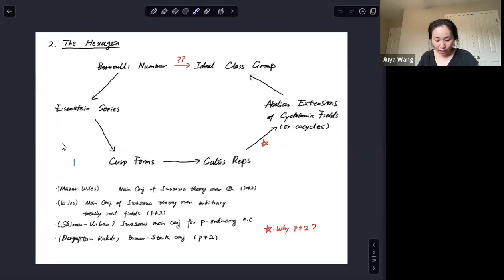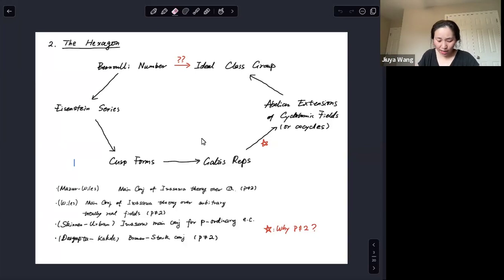For example, it has been used by Mazur-Wiles to prove the main conjecture of Iwasawa theory over Q for p odd, and later on by Wiles to prove the main conjecture of Iwasawa theory over general totally real fields, again at p not equal to 2, and by Skinner-Urban to prove the Iwasawa main conjecture for elliptic curves, and most recently by Shomit and Mahesh to prove the Brumer-Stark conjecture, again away from p equals 2.